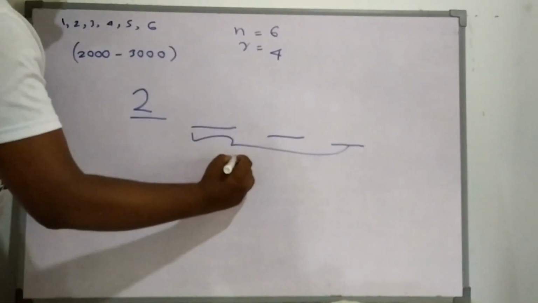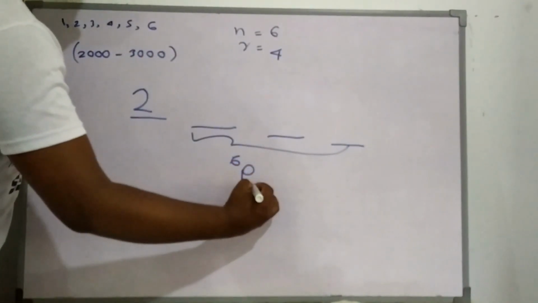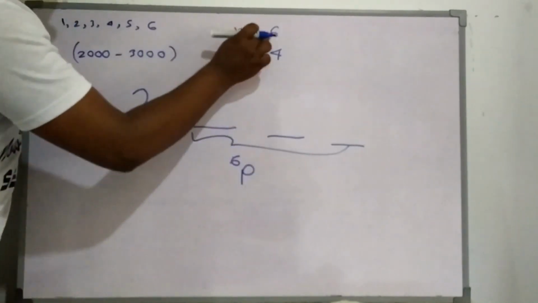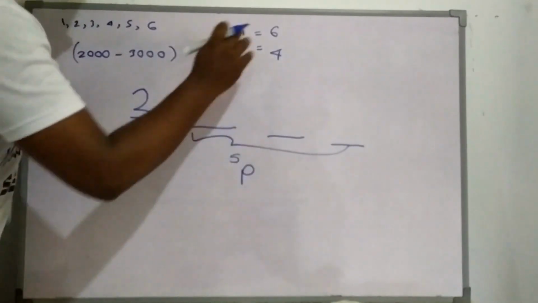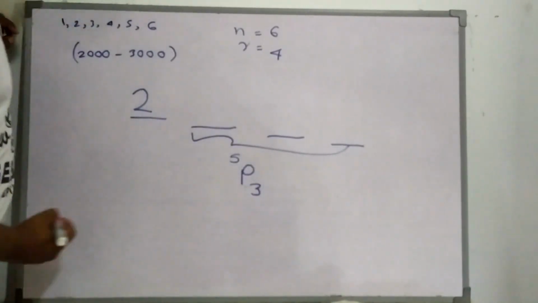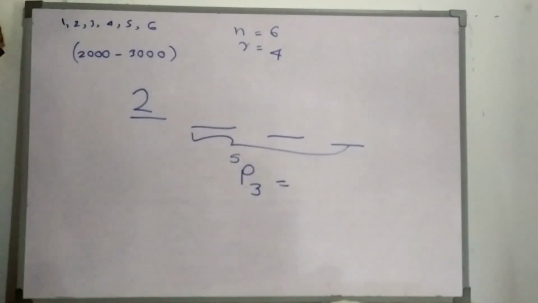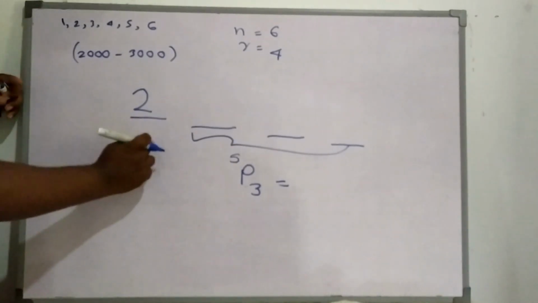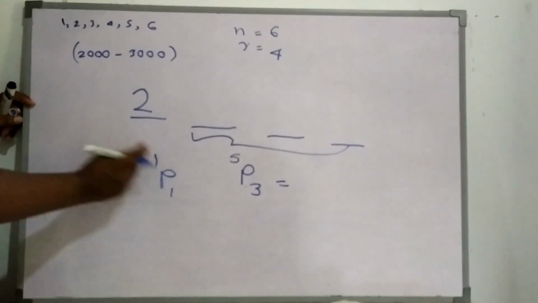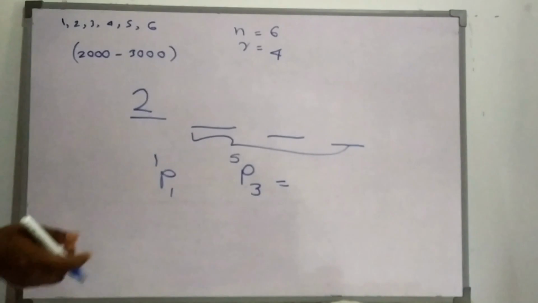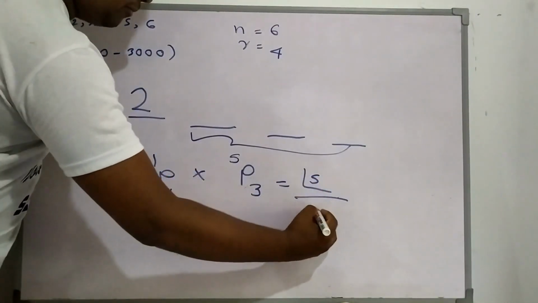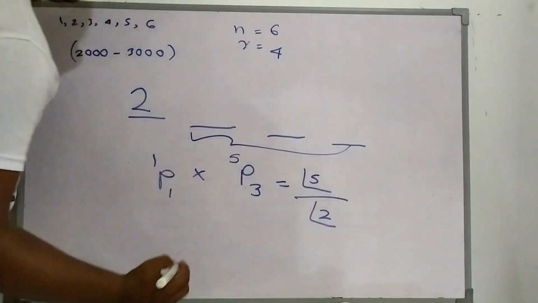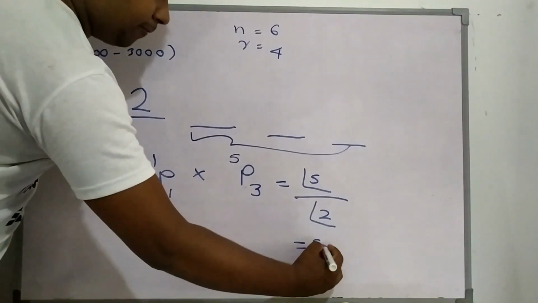We have 6 elements, and 2 is already put in, so 5 remain, and 3 spaces are left to fill. So we can write 1P1 for the 2, and the other one is 5P3. 1P1 is 1, and 5P3 is 5 factorial over 2 factorial.